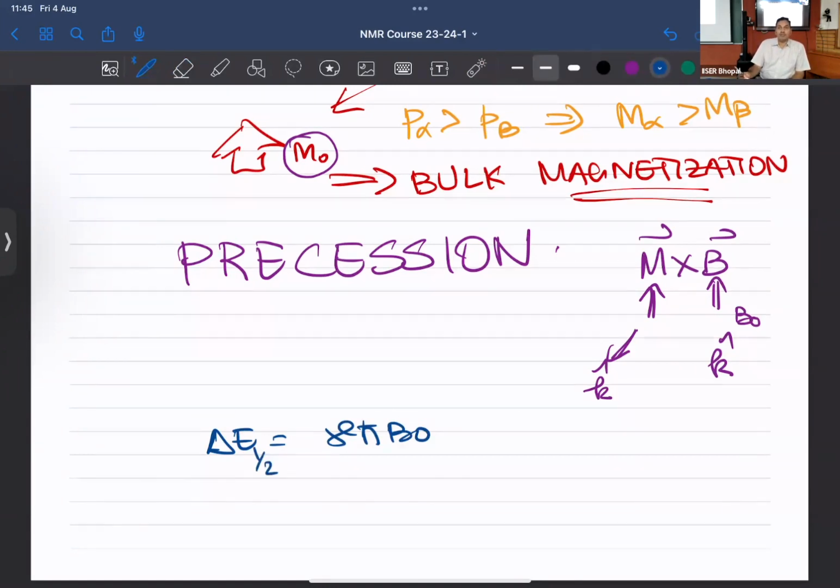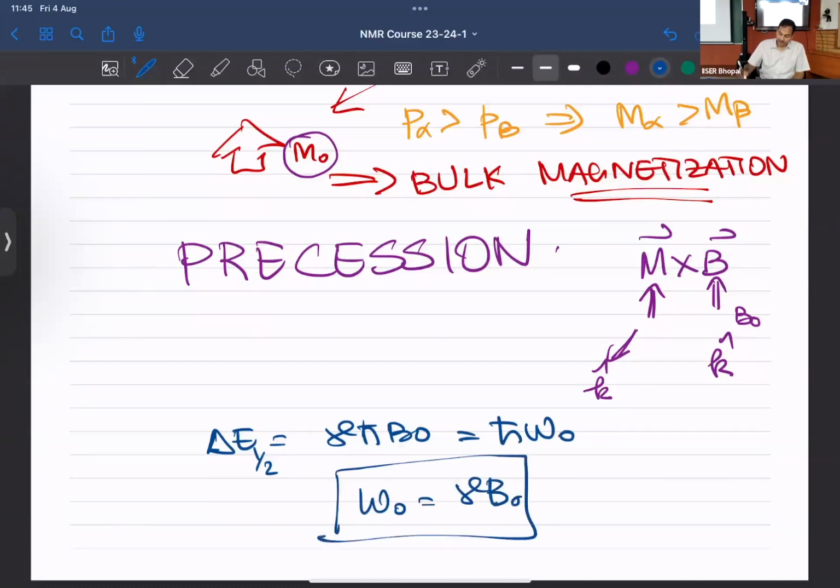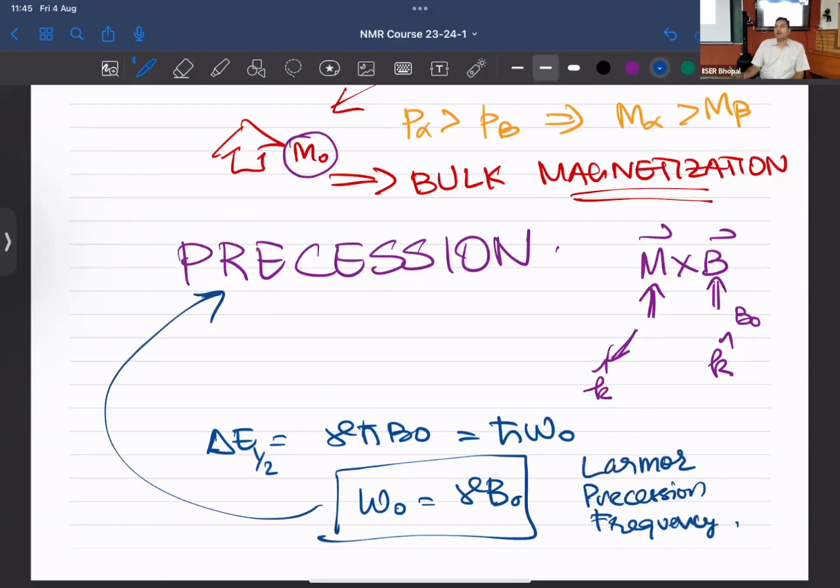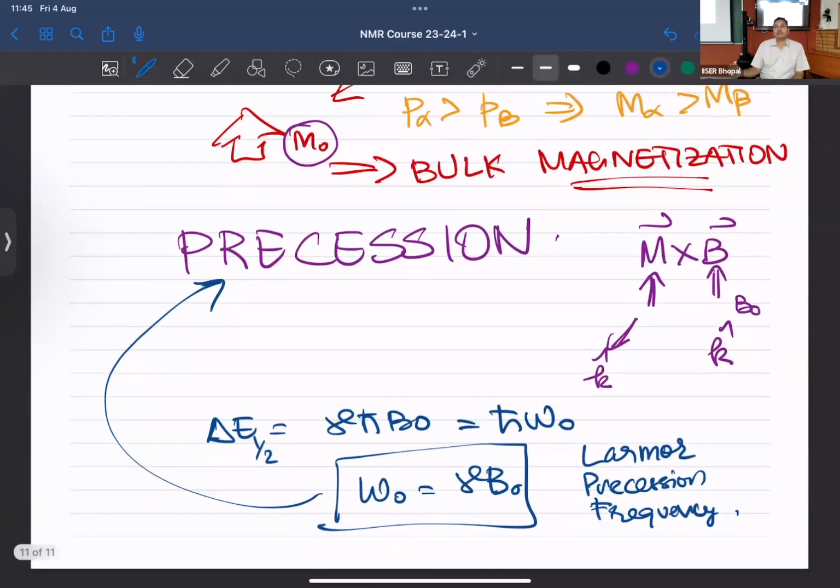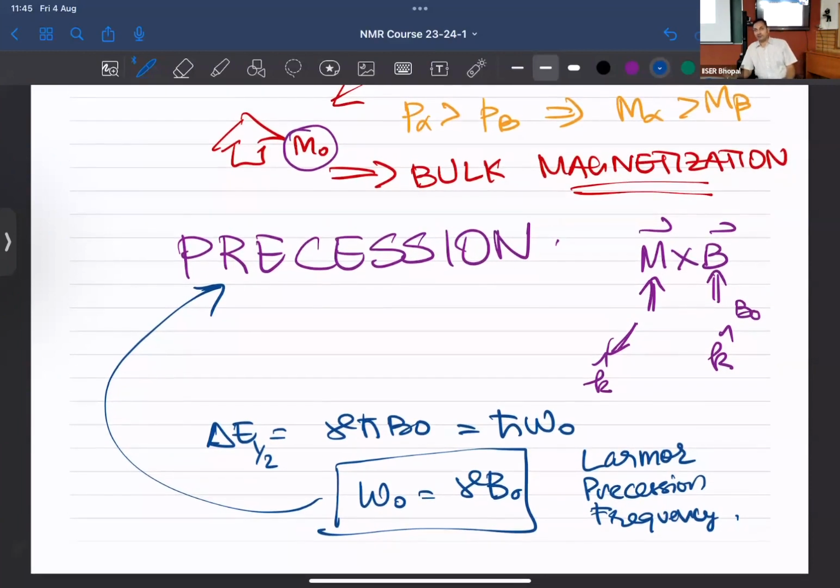It's going to be gamma h-bar B naught, which is also going to be equal to h-bar omega naught, right? So therefore, omega naught is going to be given by gamma B naught. This is the Larmor precession frequency. For a given constant B naught, depending upon the nuclei, this precession frequency is going to be different.